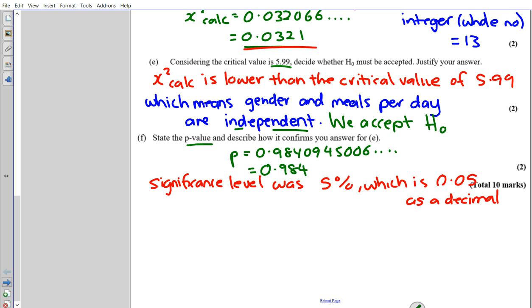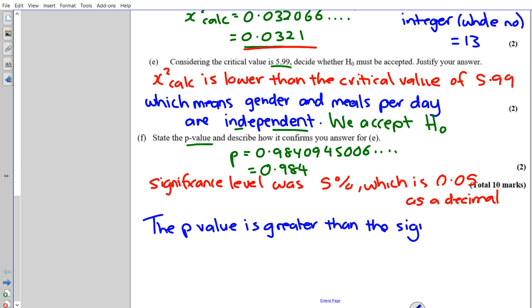And so our p-value, would you agree, is greater than the significance level? So the p-value that we calculated is greater, not lower this time, than the significance level as a decimal.